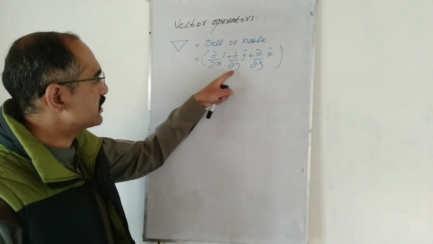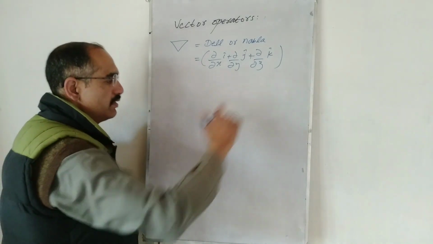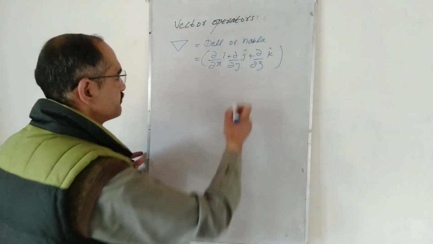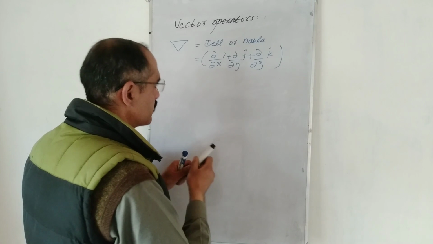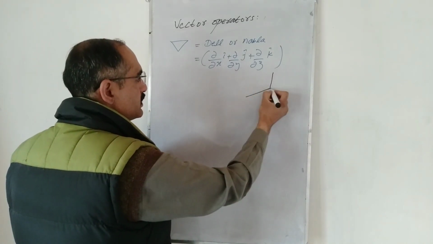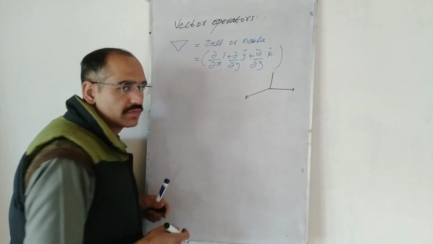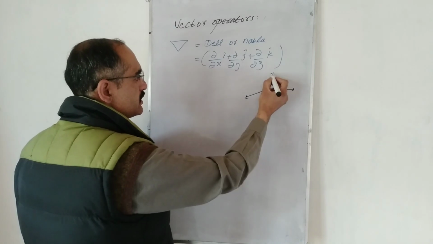Here we have taken the x, y and z axes, which are the Cartesian coordinates, and we have these three coordinates in the Cartesian coordinate system.